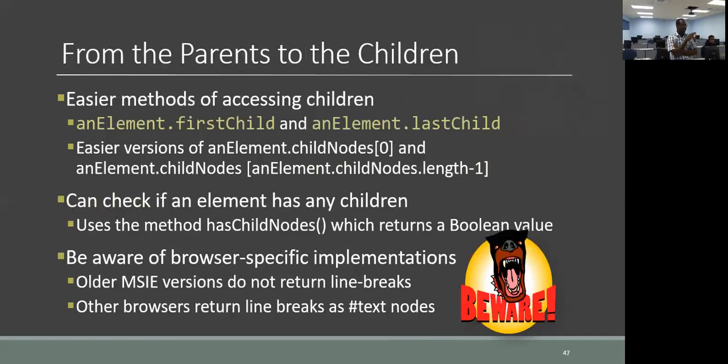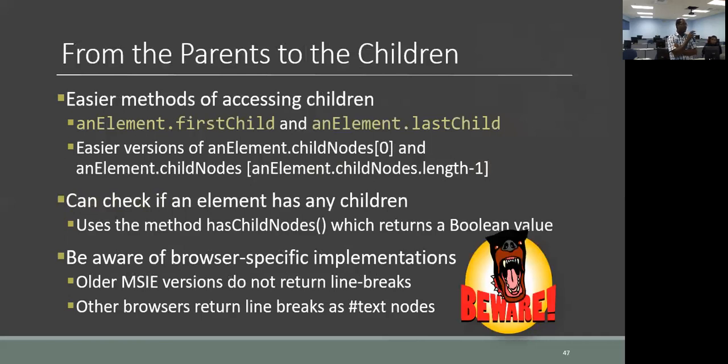Text nodes are children, but text nodes also contain line breaks, and line breaks are considered children, right? So your browsers, Mozilla Firefox, Chrome, I believe Opera, and I believe Edge actually does it, they all return the line breaks as children.